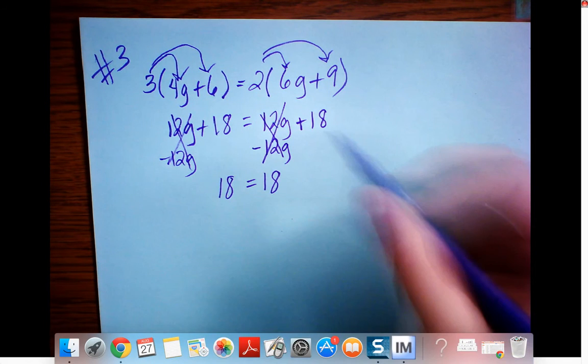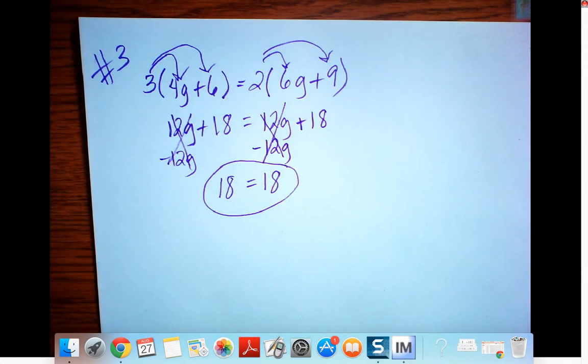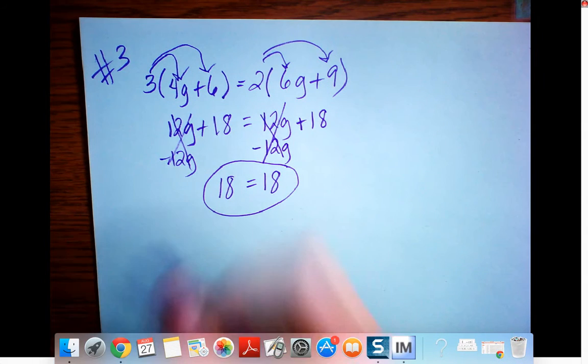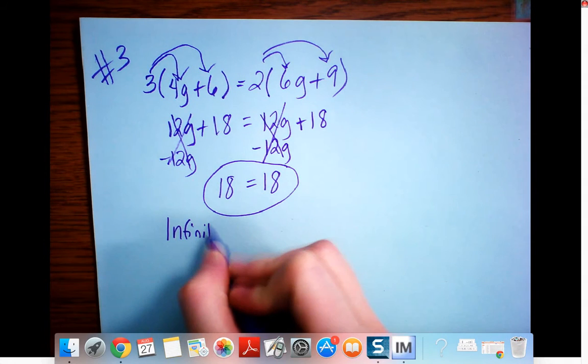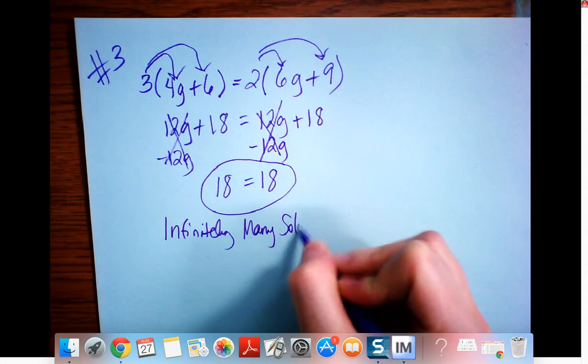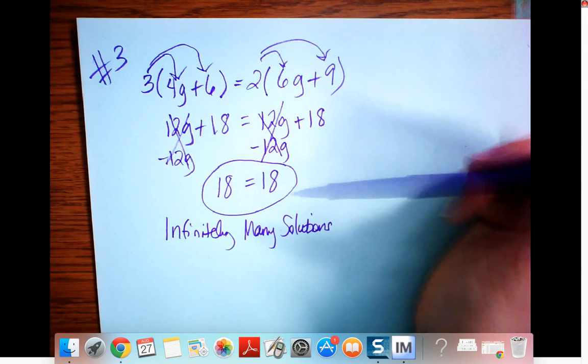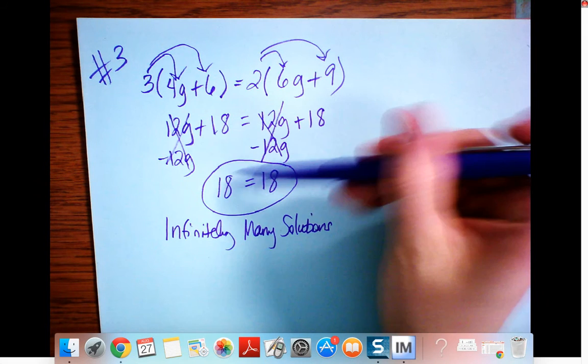If you solve an equation where your final line here is true, then that means you have infinitely many solutions. That means you could take any real number in the entire world and substitute it in for g, and you're going to get a true statement here.